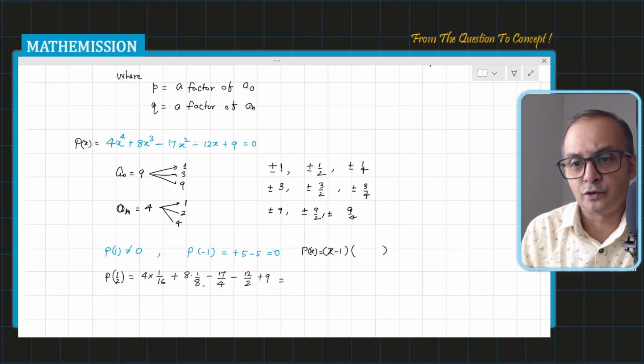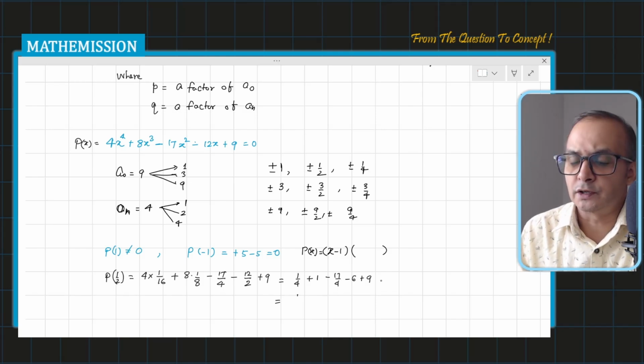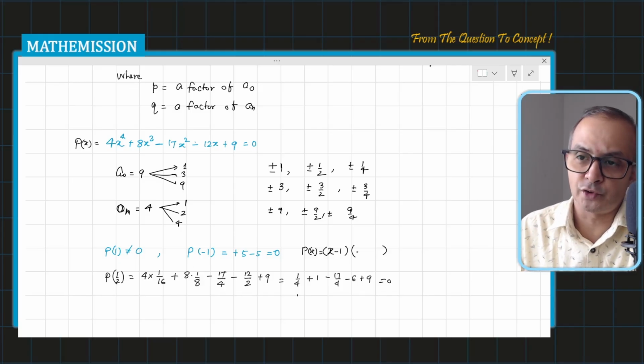So that will give you 1 by 4, plus 1, minus 17 by 4, minus 6, plus 9. And that is going to be, I think, correct. It will work. So that is going to be 0. If you simplify, you'll get that. So P of half is 0, so half is one of the solutions.